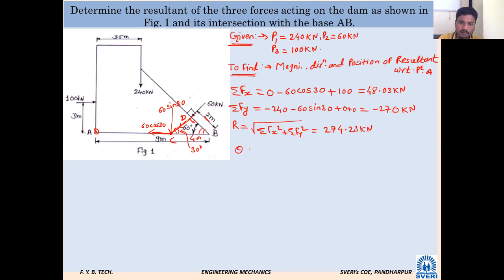Theta is tan inverse of summation Fy divided by summation Fx, which is minus 79.91.